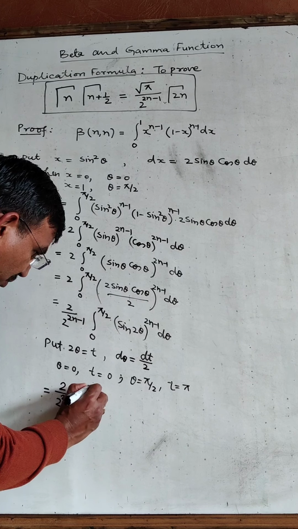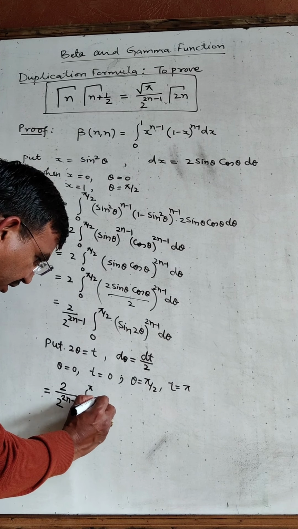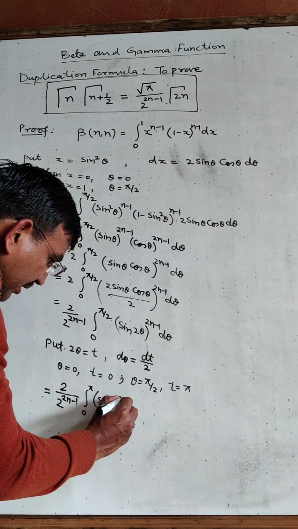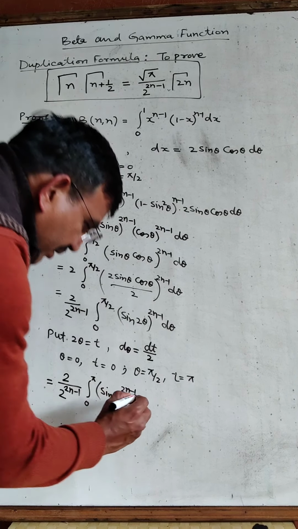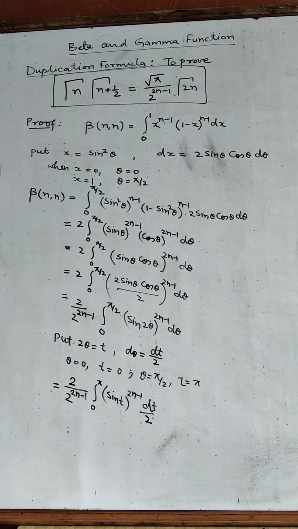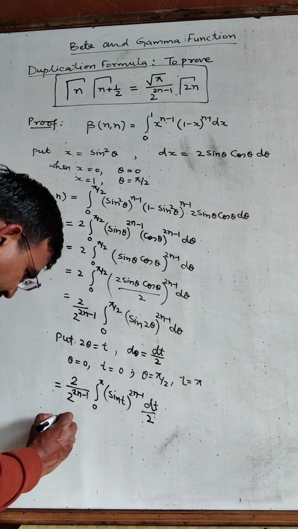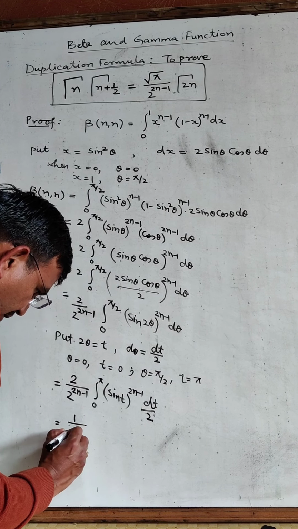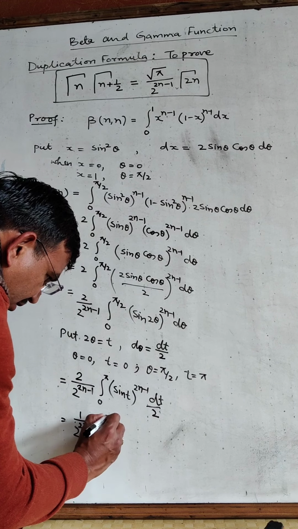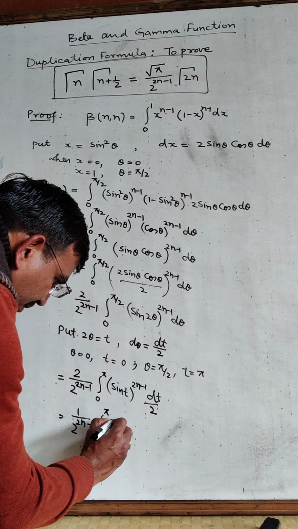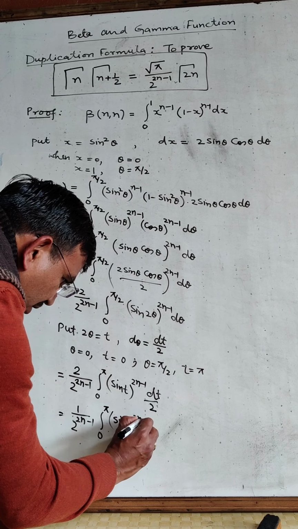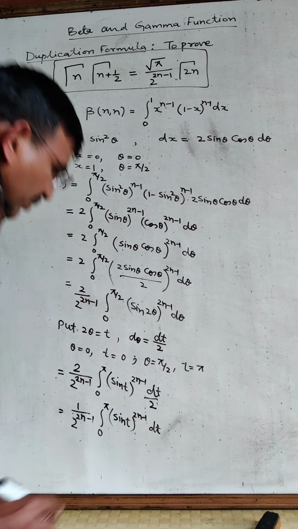integral 0 to pi, sine t raised to the power 2n minus 1 dt over 2, and it would be equal to 1 over 2 raised to the power 2n minus 1, integral 0 to pi, sine t raised to the power 2n minus 1 dt. What have we done?